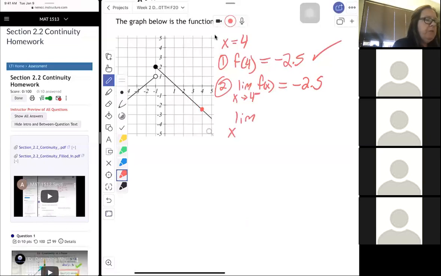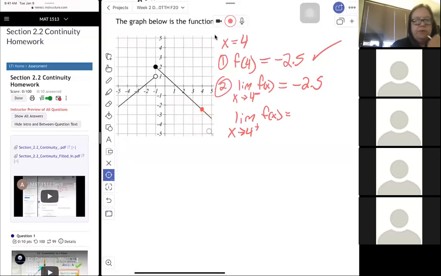Then the limit from the right of f of x, and we already know what's happening here. As we come in from the right, we are also going closer and closer to -2.5. So as x gets close to 4 from the right, y gets close to -2.5.